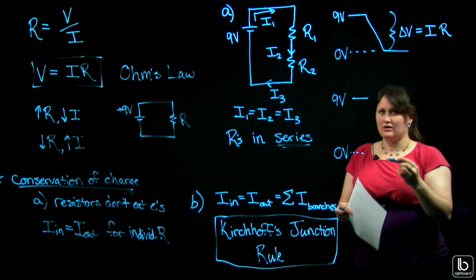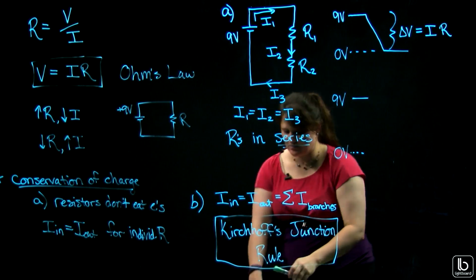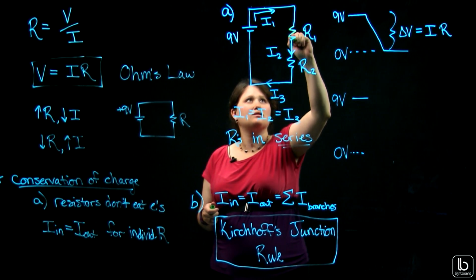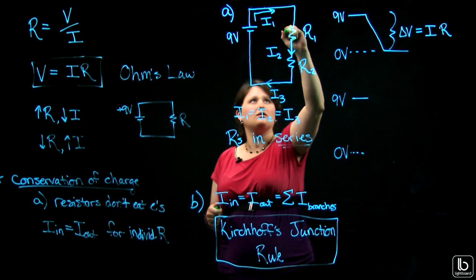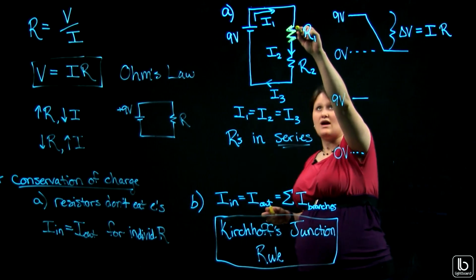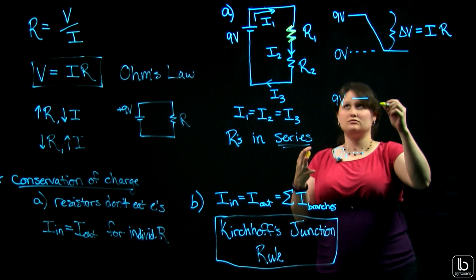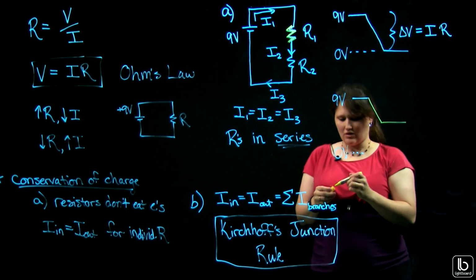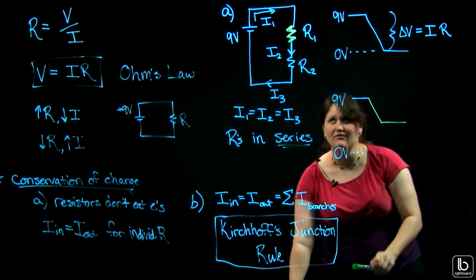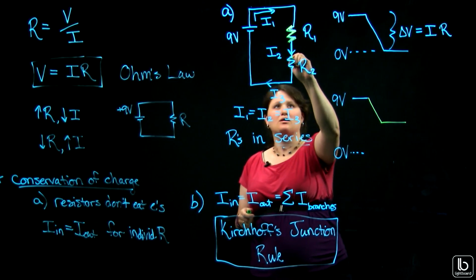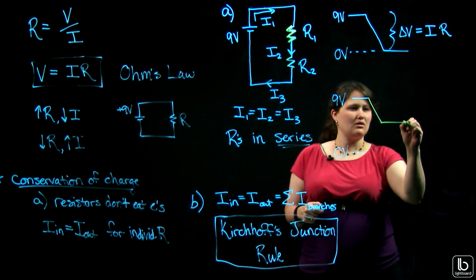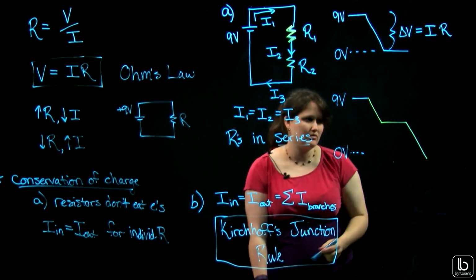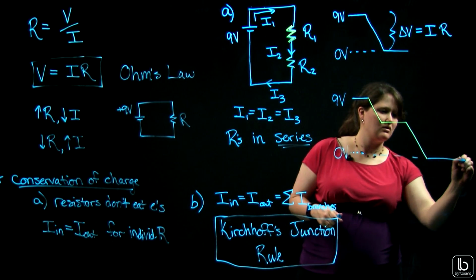But what that ends up looking like is if I say that this is R1, if we have some voltage drop at R1, and then we're moving along, and then we have our second voltage drop at R2, we still have only dropped a total of 9 volts.